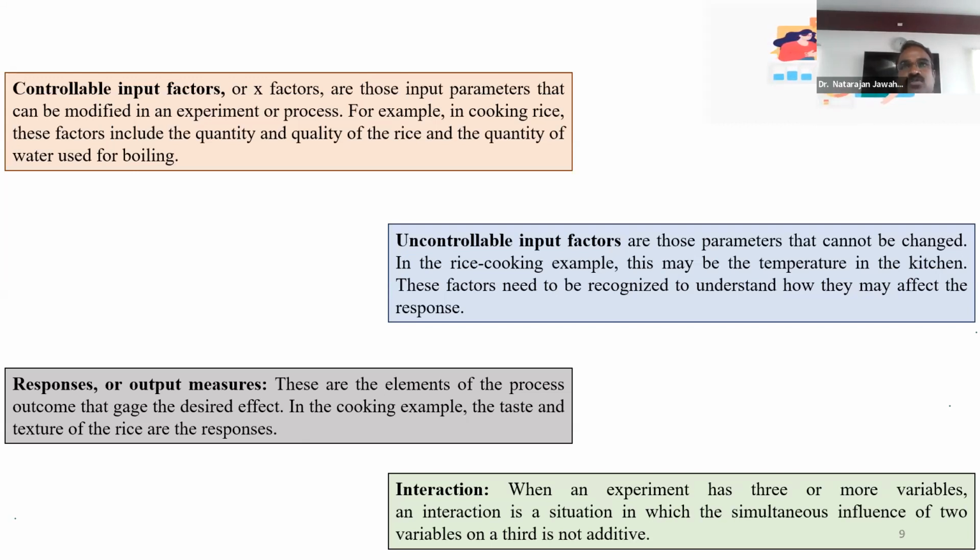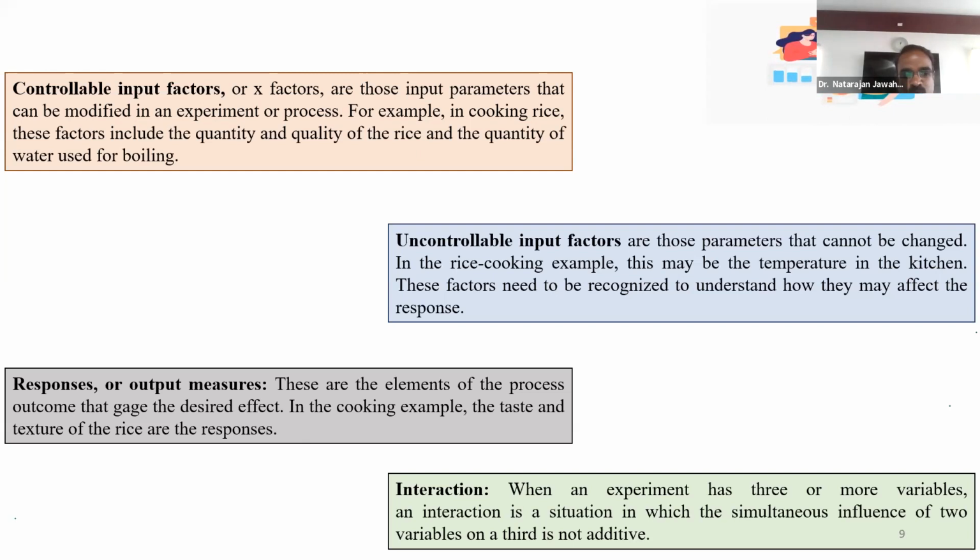But the temperature in the room will also influence the boiling. If it is summer, it will boil quickly. If it is winter, it will boil with a little delay. So that temperature is called an uncontrollable input factor that also influences the response. That factor also needs to be recognized in order to understand how it will affect the response.